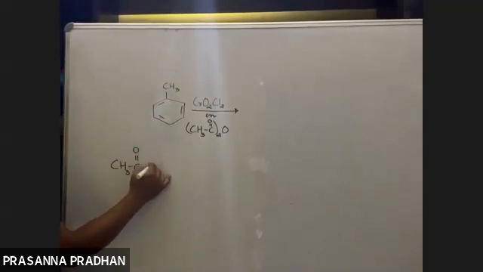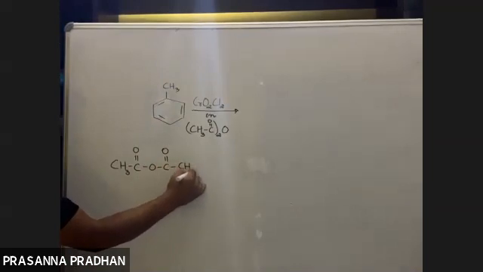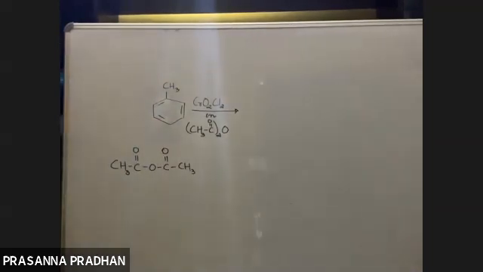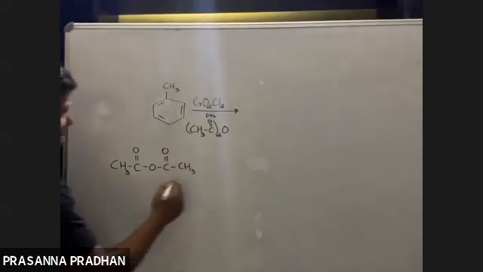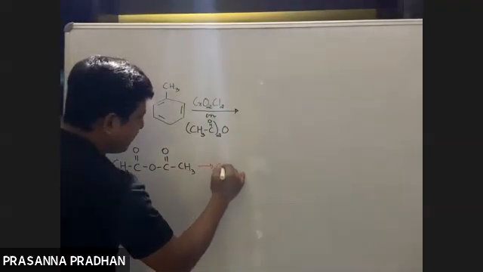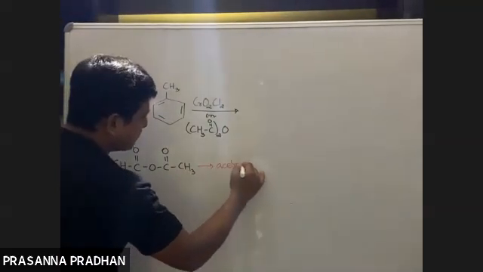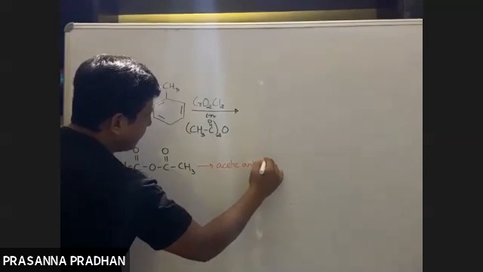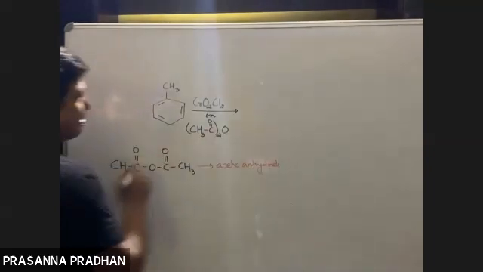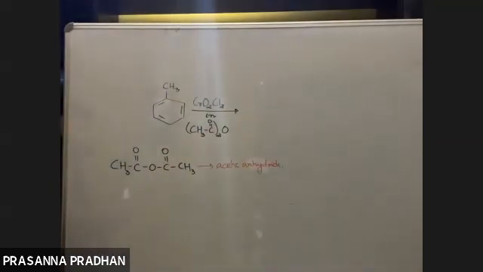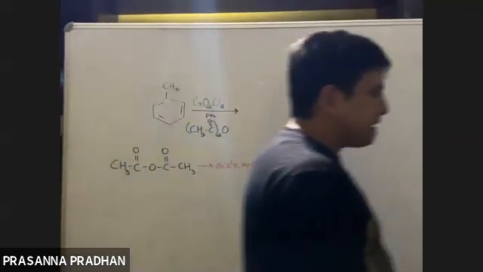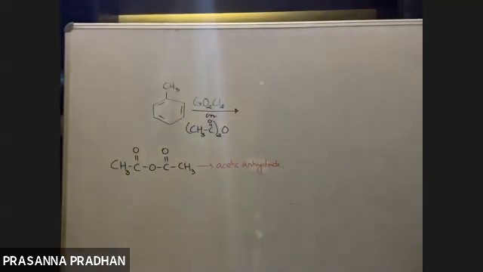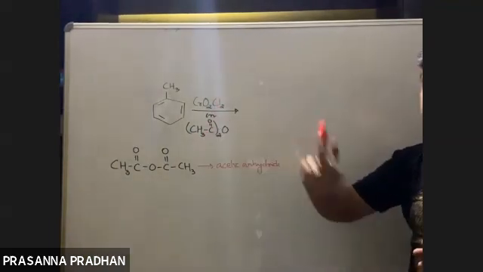CH3CO, I have one oxygen connecting to CH3CO. What is the name of this compound? What is this class of compounds? This compound, as we know, is named acetic anhydride. So when the solvent is carbon disulfide or carbon tetrachloride, it is known as Etard's reaction, but here I have changed the solvent to acetic anhydride.